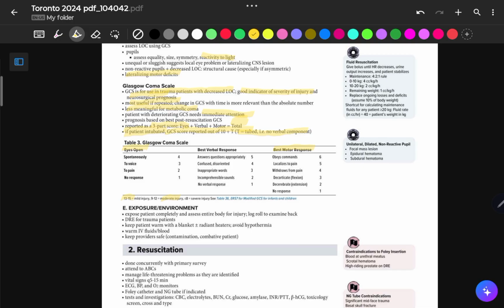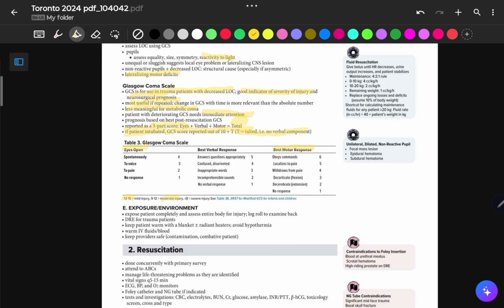Then they'll be like, blah, blah, blah. So that will be a 3. And incomprehensible sound will be 2. So you're asking, what is your name? And you get sounds that cannot be understood. So they're making sound. And then no verbal communication at all is 1.